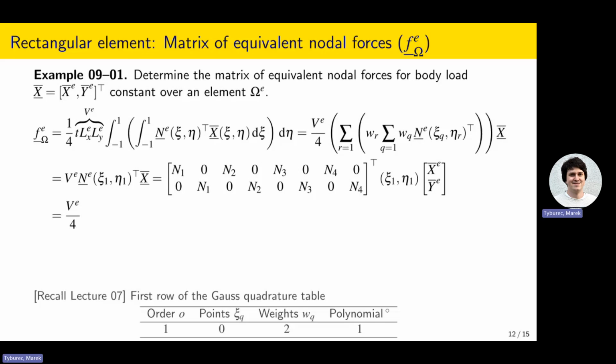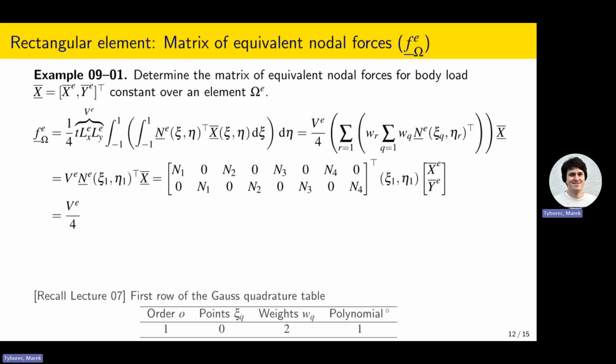So w_q and w_r will be 2 and 2. Those are the things that we need to plug in.